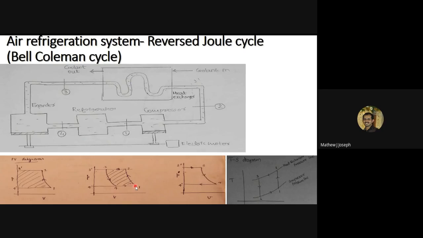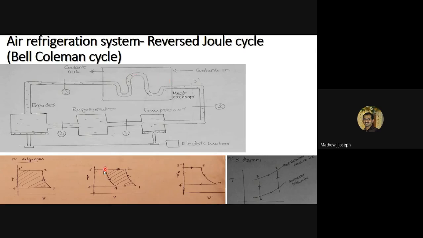Then 1 to 2, that is isentropic compression process happening inside the compressor. Then 2 to 3 is the constant pressure heat rejection process happening inside the heat exchanger. The heat is getting rejected to the coolant medium at a constant pressure.